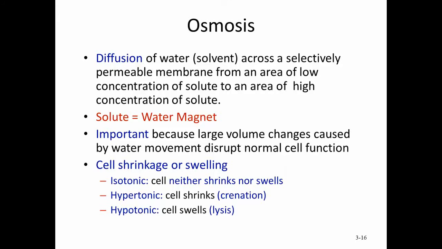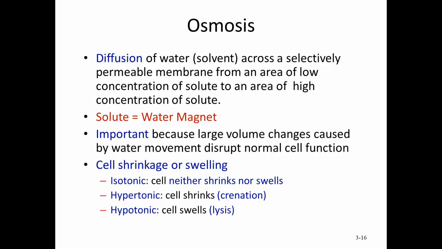We can have cell shrinkage or swelling. Isotonic situation is where we have the same amount of solutes in a cell as we have in the solution surrounding that cell. So again, let's use a beaker as an example. So if I have a beaker of water, and that beaker of water has 0.9% saline solution in it.